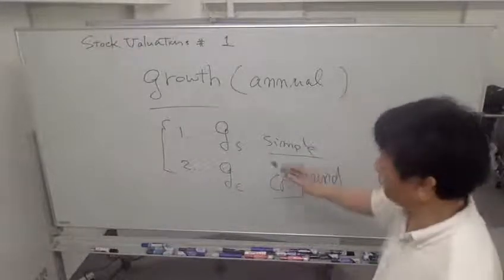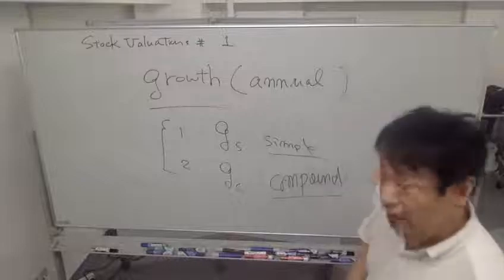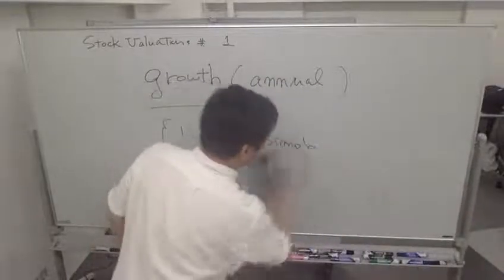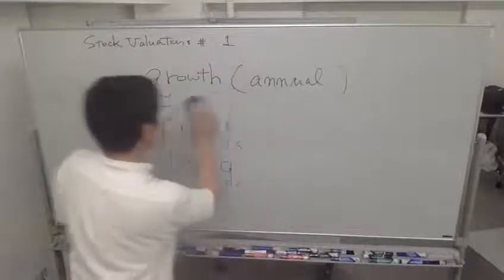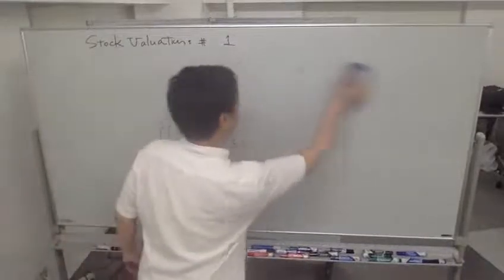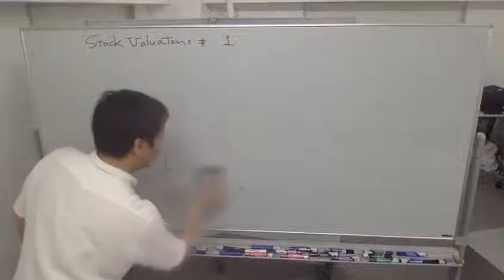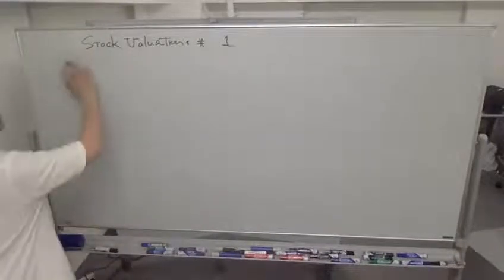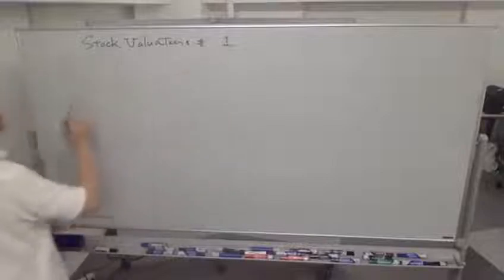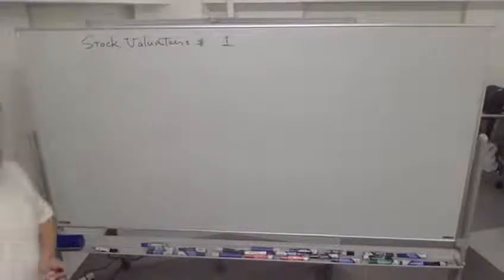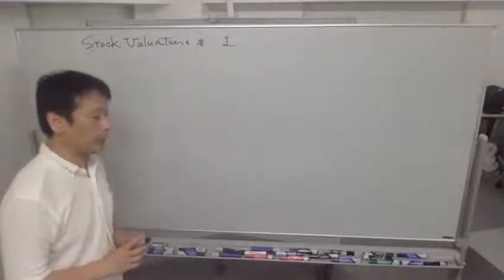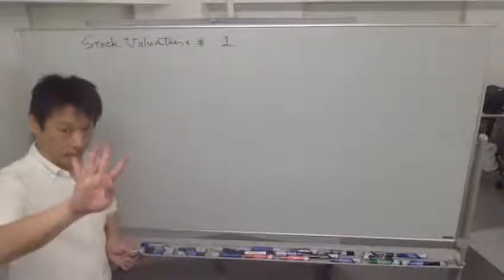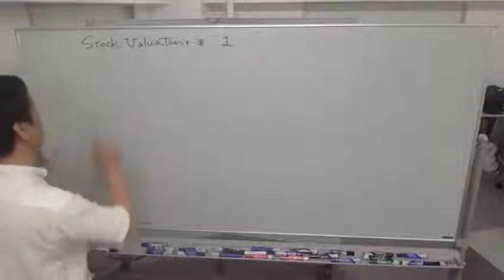Compound and simple, right? You might wonder what simple and what compound they are. And here are some notations for you. To calculate growth, what do we need? We need at least 4 pieces of information.